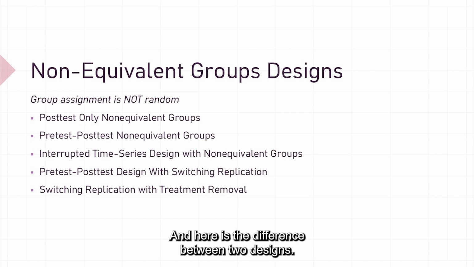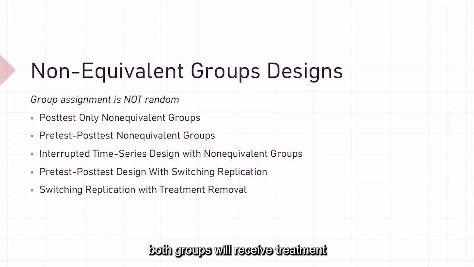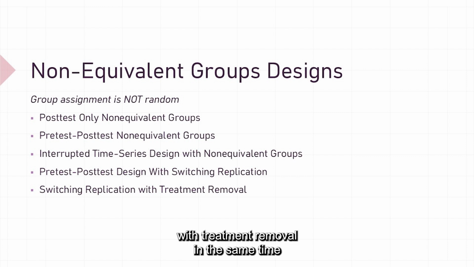And here is the difference between the two designs. In pre-test post-test design with switching replication, both groups will receive treatment after the second measurement of the dependent variable. In switching replication with treatment removal, at the same time when the second group is getting treatment, the first group will stop getting treatment.